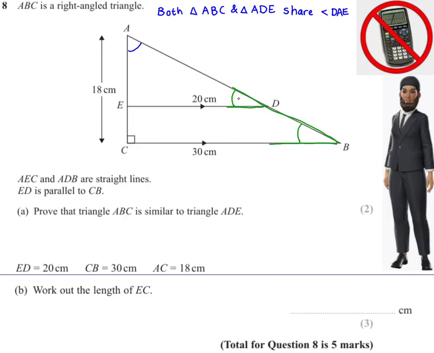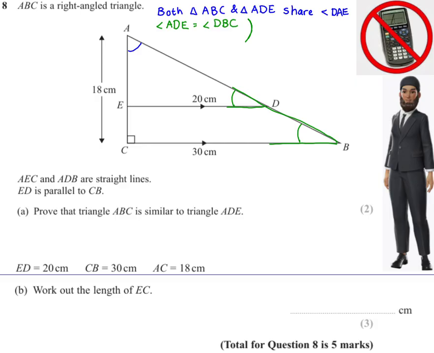So therefore these two are equal as well. Okay, so we're going to say angle ADE is equal to angle DBC, and the reason is corresponding angles are equal.